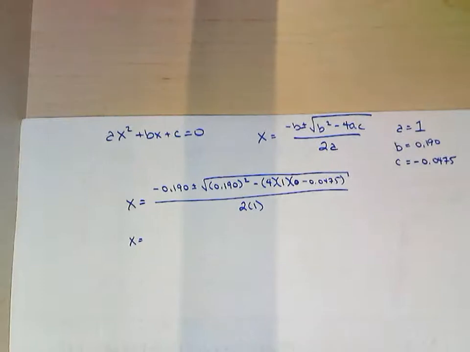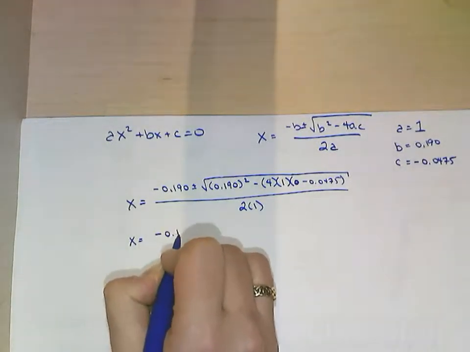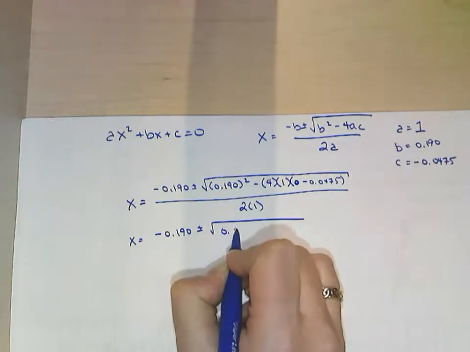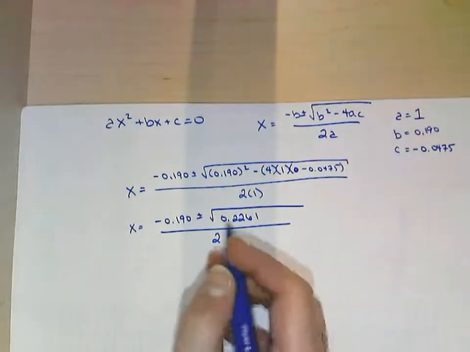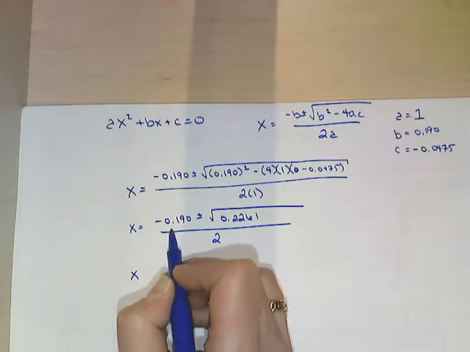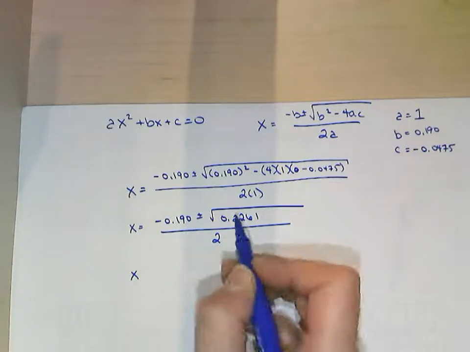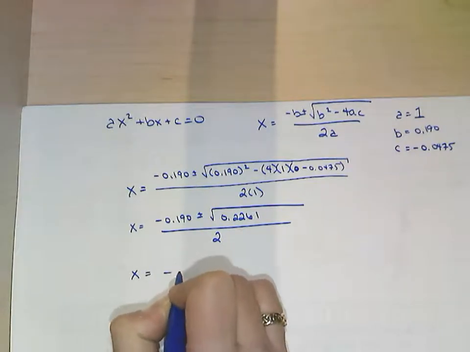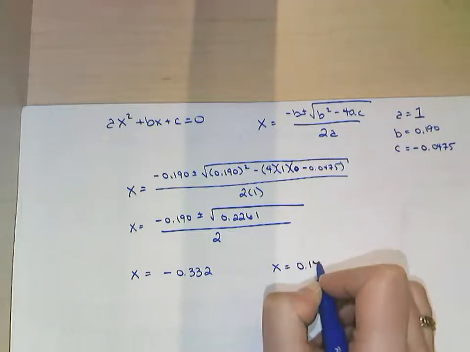Simplifying this, multiplying it all out, doing the subtraction, we get to this point. Because we have this plus or minus, we get two different options for what x could be: negative 0.190 plus the square root, or negative 0.190 minus the square root. So our x options are negative 0.332, or x equals 0.143.